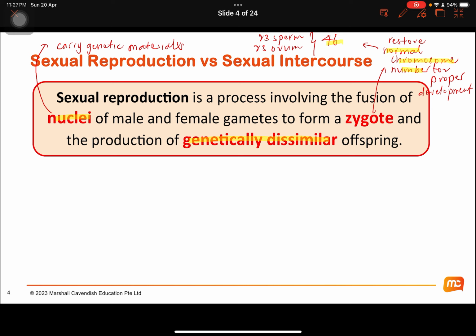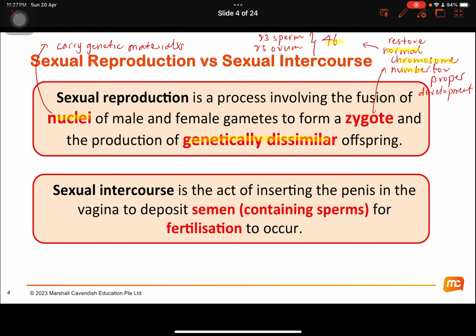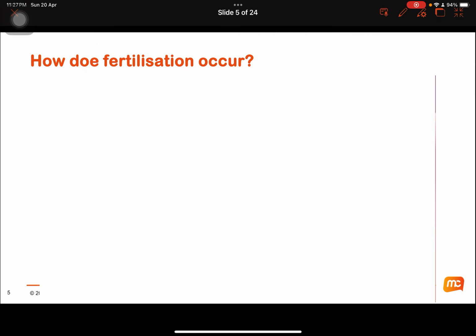We are all genetically dissimilar from each other. And sexual intercourse refers to the act of insertion of the penis into the vaginal canal to deposit semen for fertilization to occur. So be very careful of the difference in the definitions.